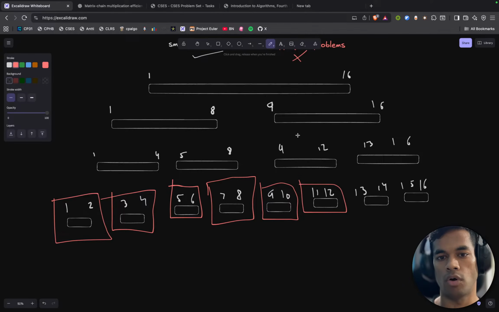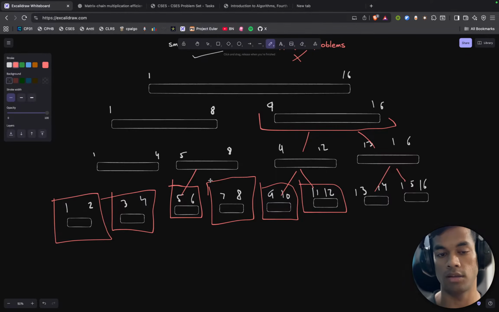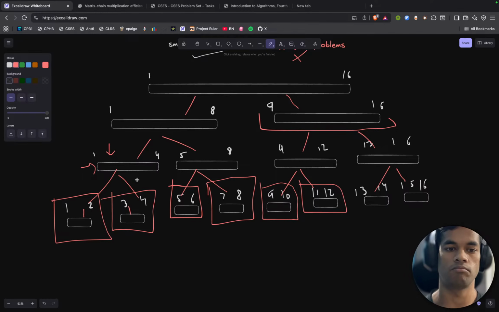To solve a particular subproblem, the subproblems on which its solution depends are unique to that subproblem, and therefore these subproblems do not overlap.